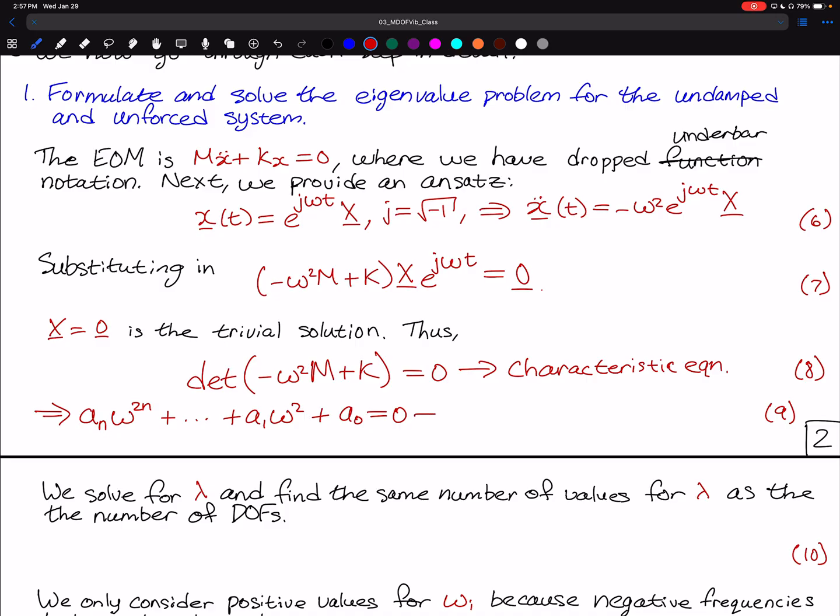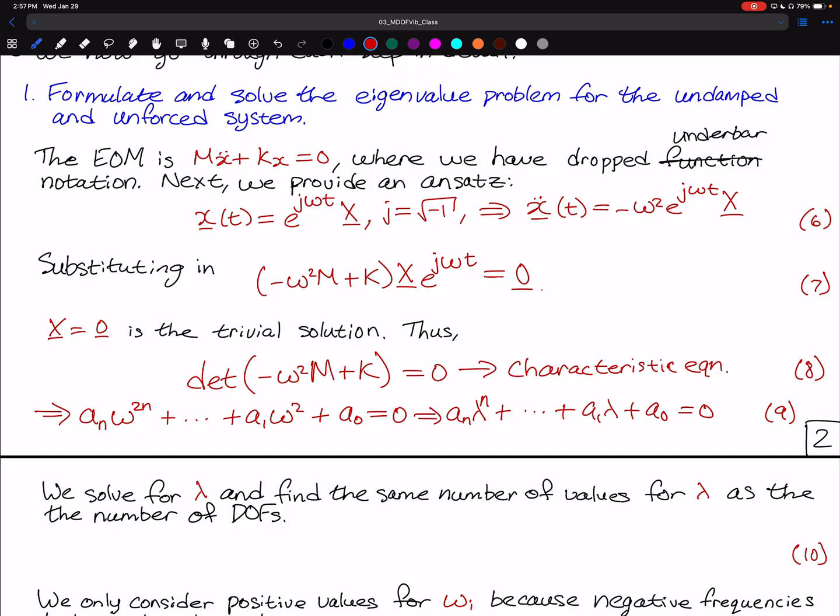Which we will recast as a_n times lambda to the n plus dot dot dot plus a_1 lambda plus a_0 equal to 0. And so now we have an nth order polynomial where n is equal to the number of degrees of freedom.